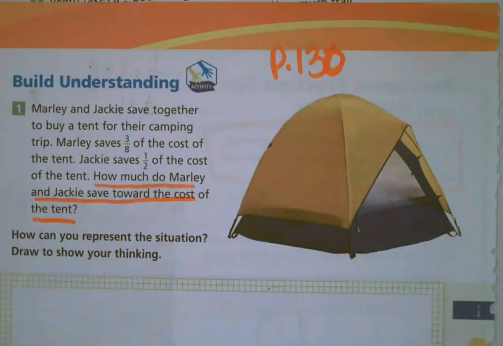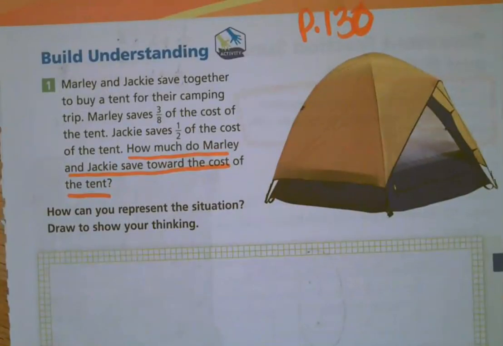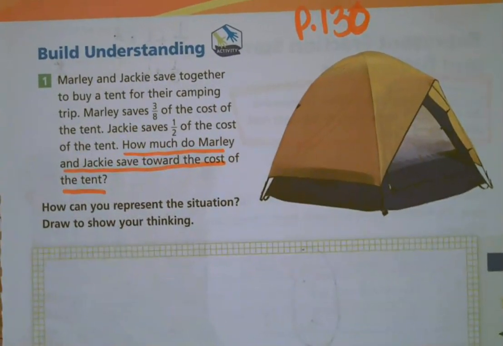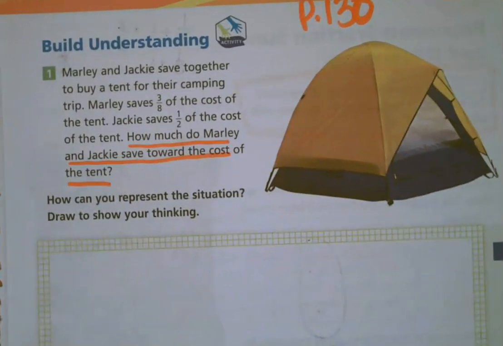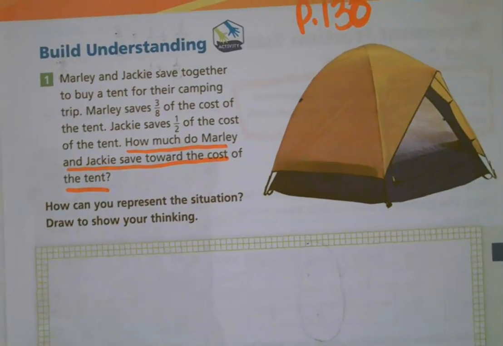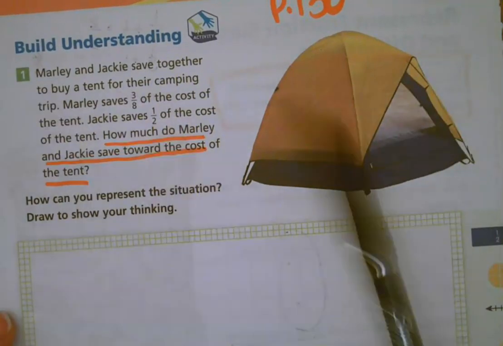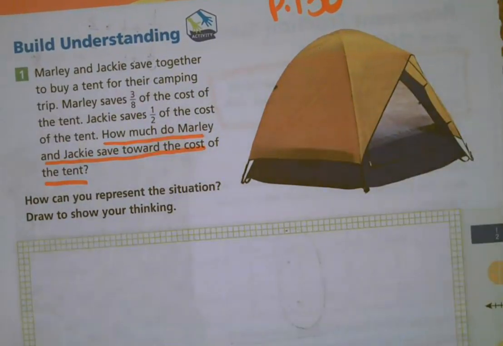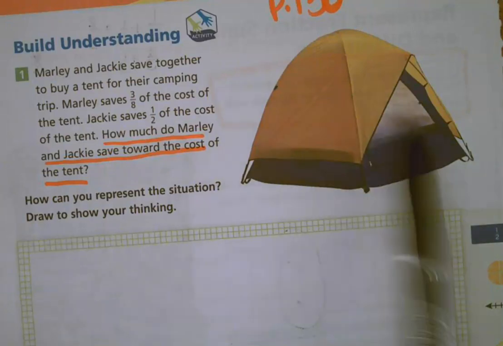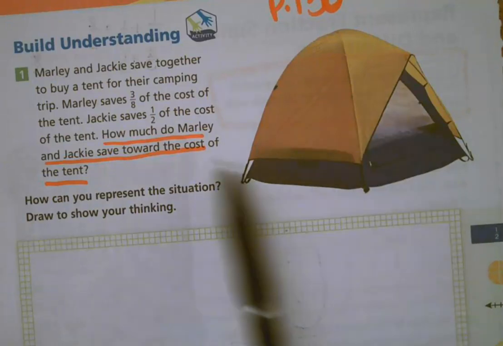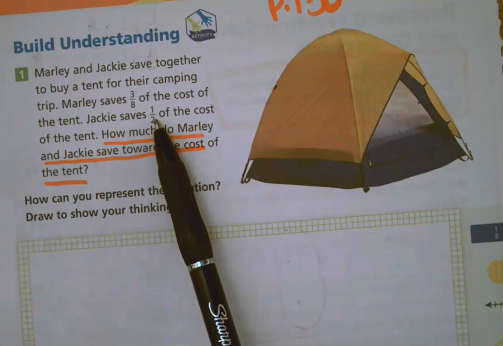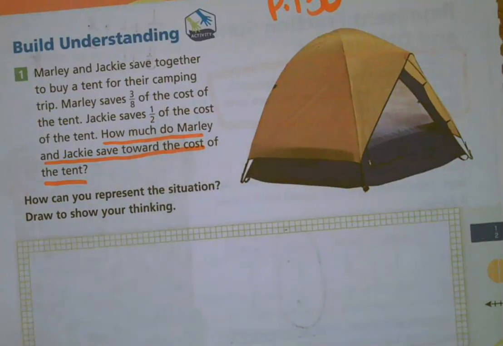Okay, so this is page 30, and we're going to continue building our understanding about how to combine fractions that are different size parts. All right, so in this little story, we have a couple of kids saving up to buy a tent. When you have the total cost of something, if you've saved up half of that, you still have halfway to go.